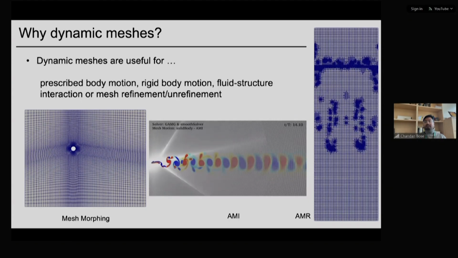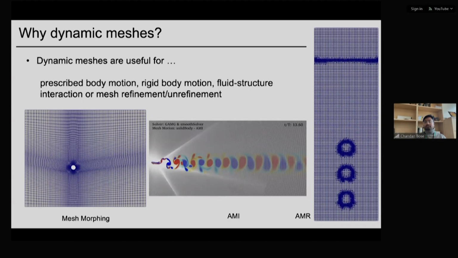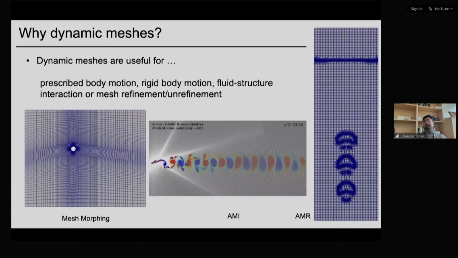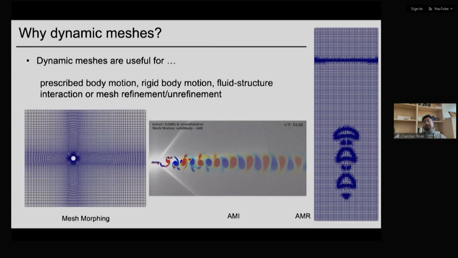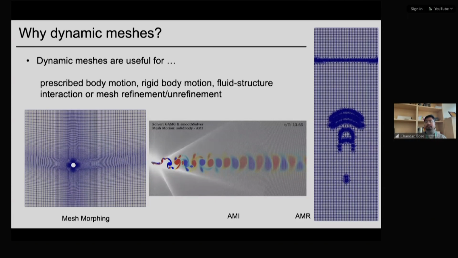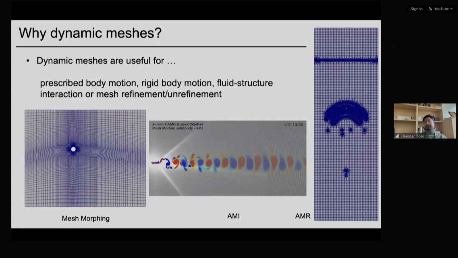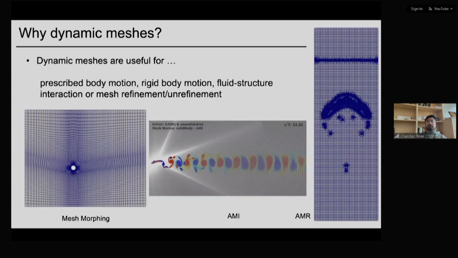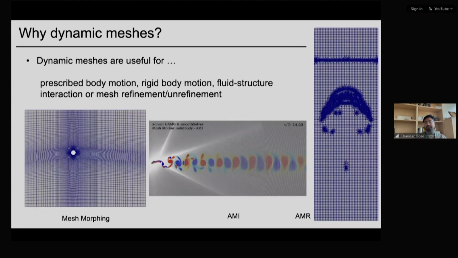Now, there can be other types such as rigid body motion and fluid structure interaction. How fluid structure interaction is different is that the body motion is not prescribed. The body motion is calculated based on its interaction with the unsteady surrounding flow.